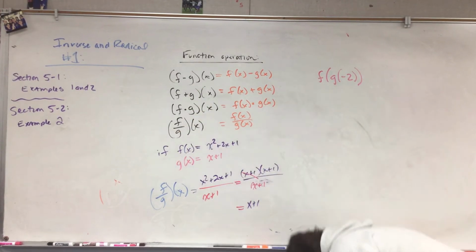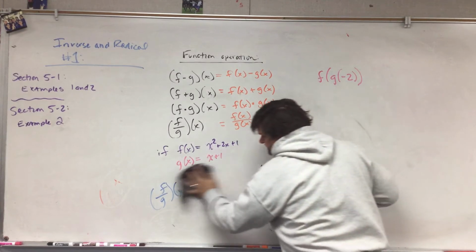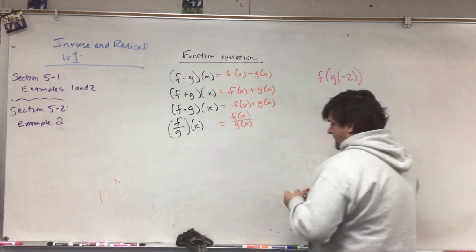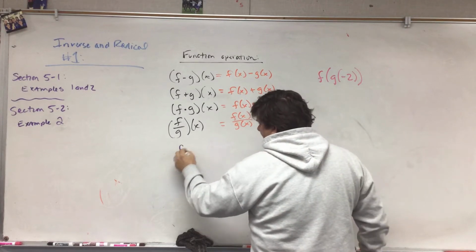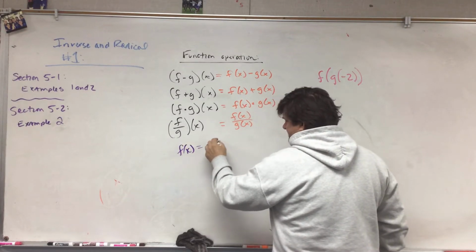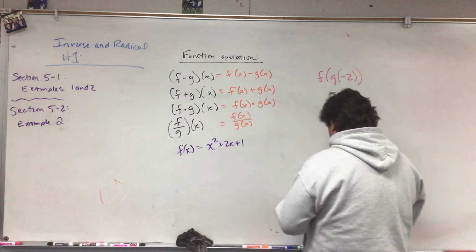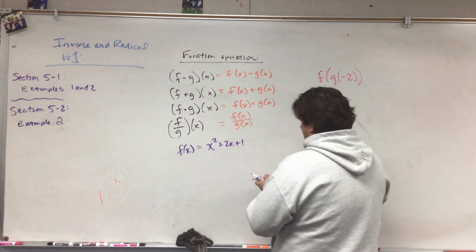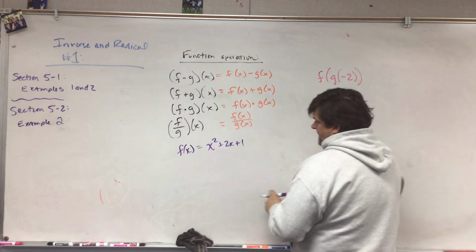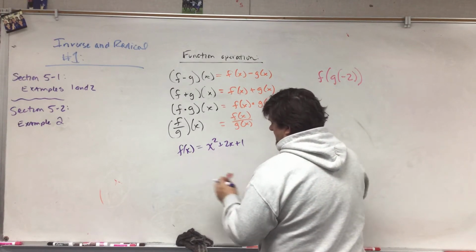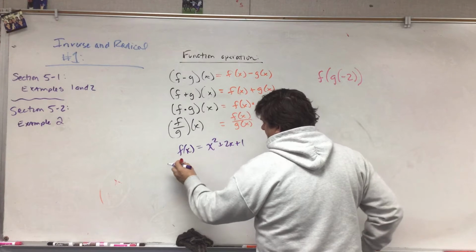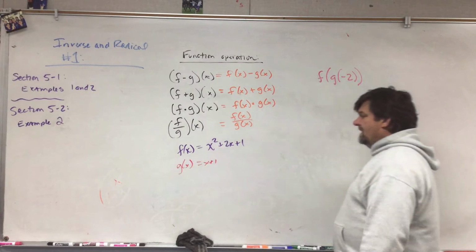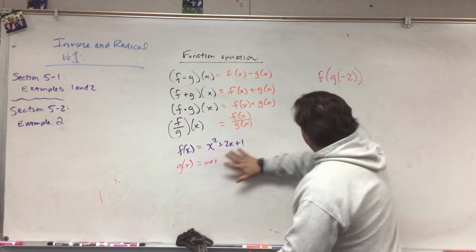All right, that brings us to this next part here. We have f of x equals x squared plus 2x plus 1, and we're going to use these for this.